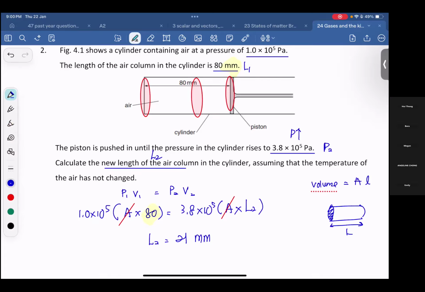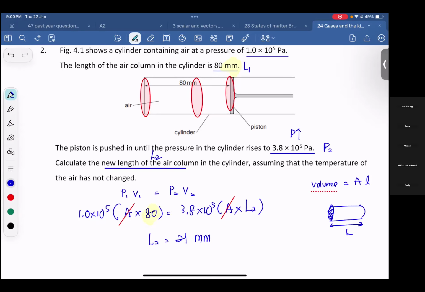Before I start, can I straight away cross out the area to use? Yes, dear, can. Angeline, yes. Why I explain is because I worry they don't know that volume is directly proportional to length. So I need to tell them step by step why V can be represented by the length. If you understand, you can just start from P1, L1.